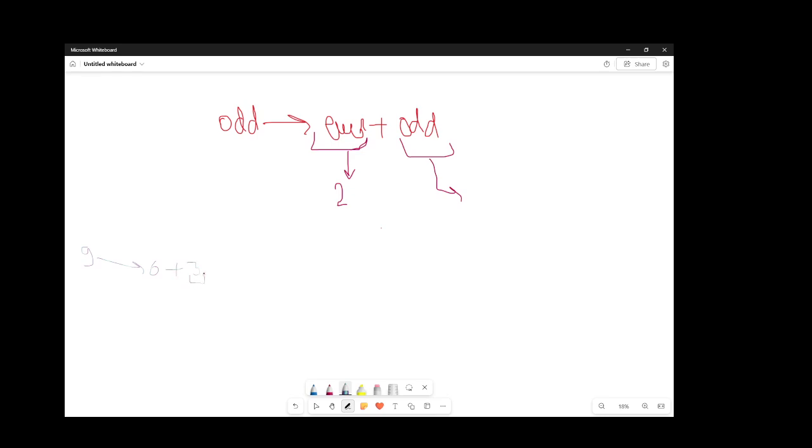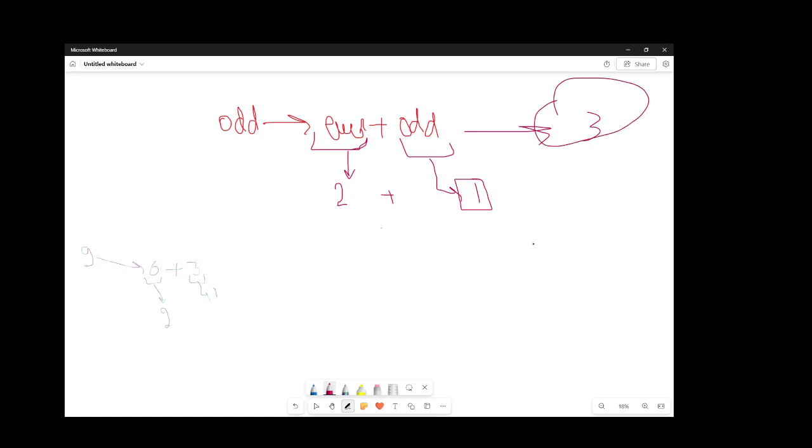So for 3 the answer is 1, and for 6 the answer would be 2. Yeah, I recalled it. So for odd the answer would always be 1 here and 2 here, so overall the answer would be 3.